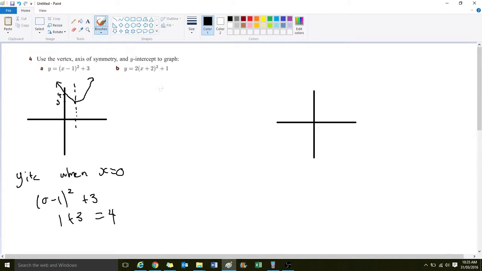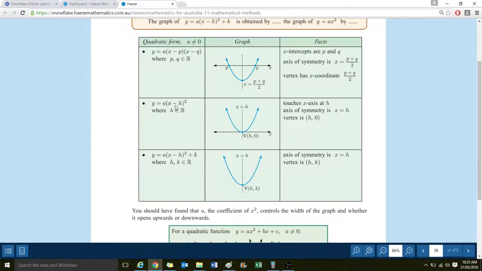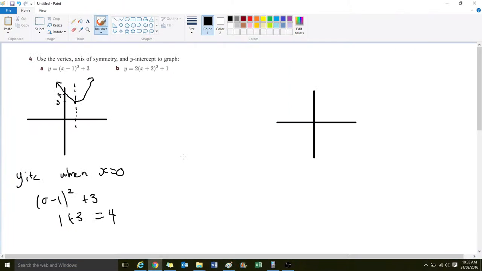If we look at the second circumstance, again, it's very similar to the one we just dealt with. It's got x plus 2. Now, the general form that we have here is x take h units. So if we've got x take h units, and this becomes plus 2, what we have then is x take away minus h, which would become x plus h.